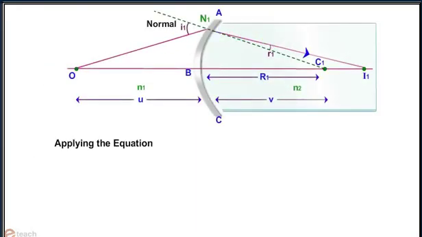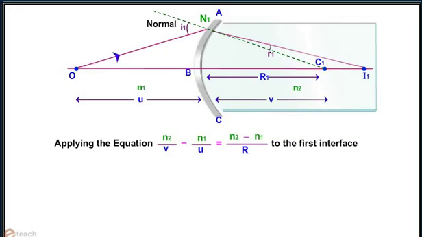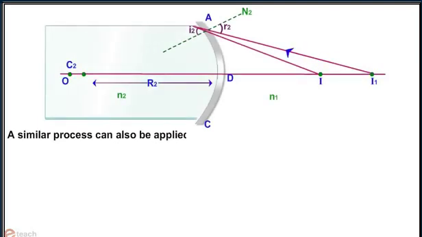That is, ADC gives minus N2 by DI1 plus N1 by DI equals (N2 minus N1) by DC2. DI1 is negative as the distance is measured against the direction of incident light. For a thin lens, BI1 equals DI1.